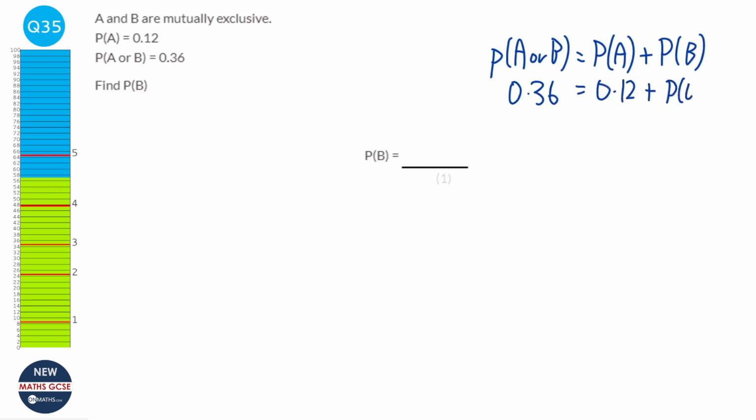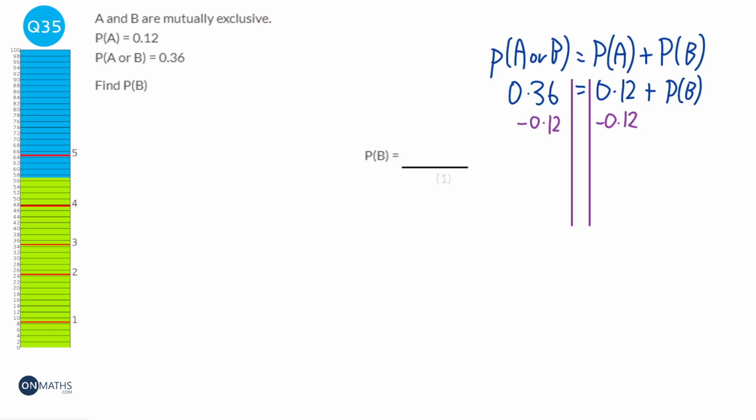And so to work out the probability of B, all we need to do is solve this. We're just going to take away 0.12 from both sides, and that will give us 0.24 is equal to the probability of B. So B must be 0.24. It only works if A and B are mutually exclusive though.